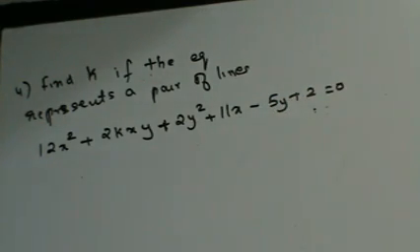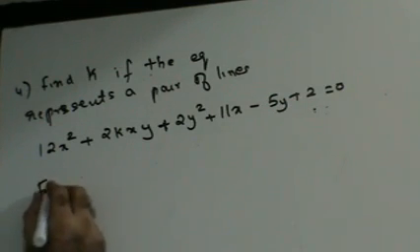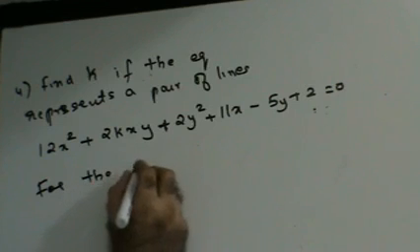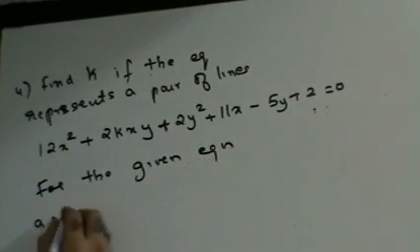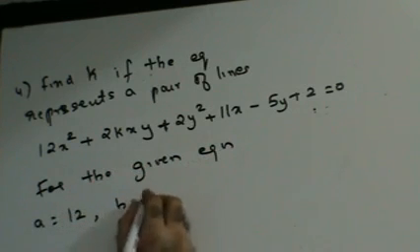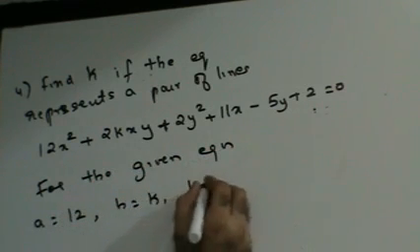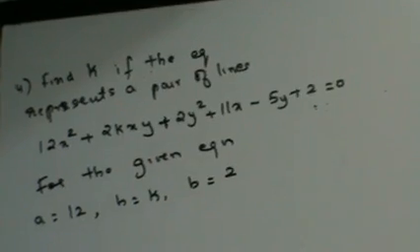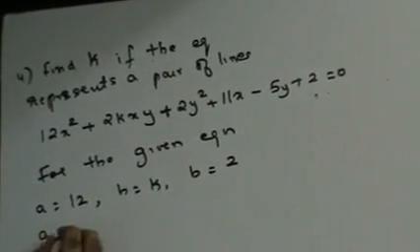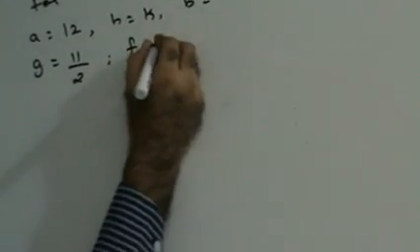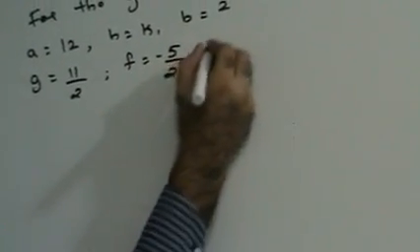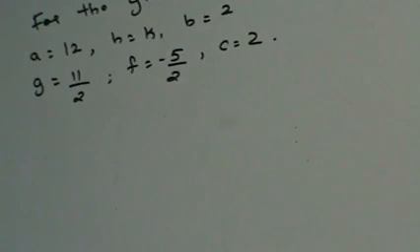Right? Now, let's see this. I can say for the given equation, A is 12, H is K, B is 2, G is 11 upon 2, F is minus 5 upon 2, and C is 2.